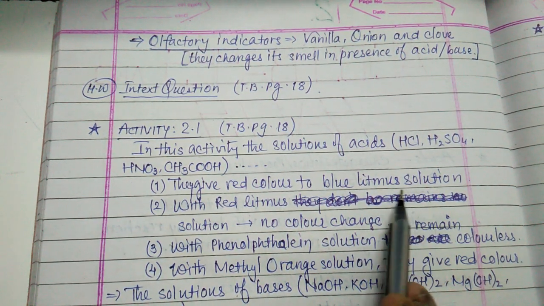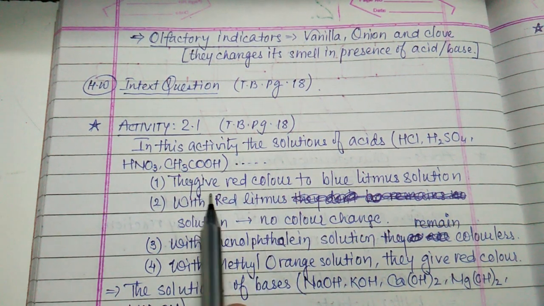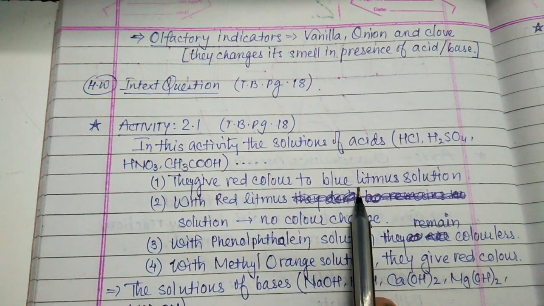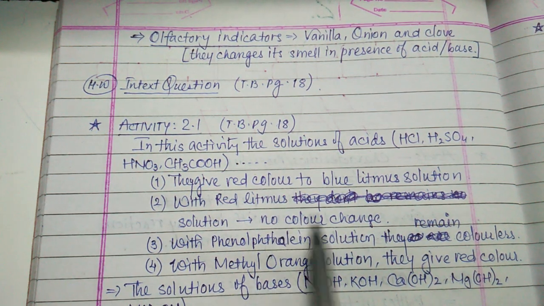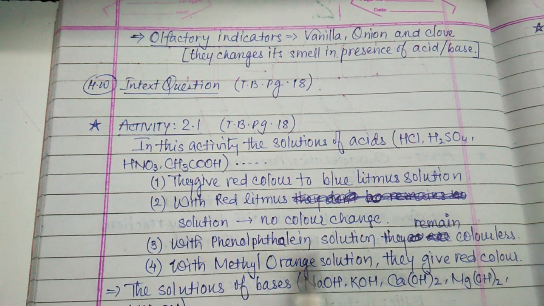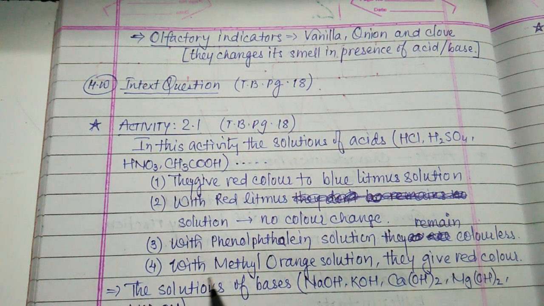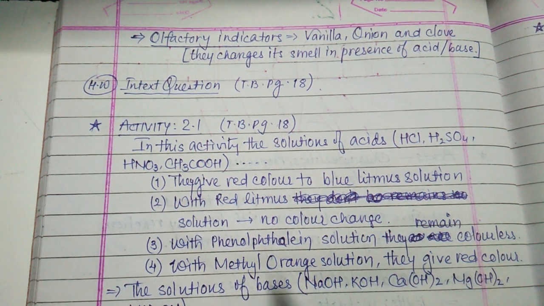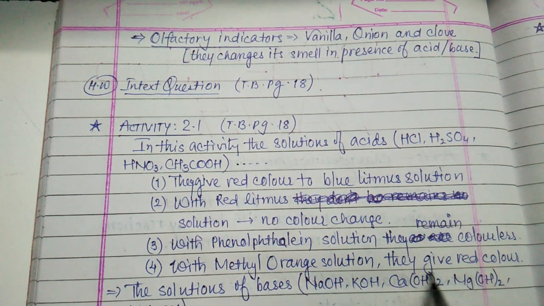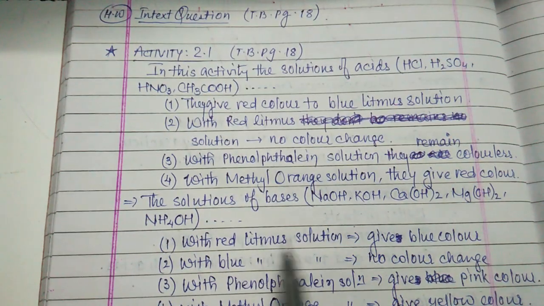If 2 drops are poured into acid, blue litmus solution turns red. With red litmus solution, there will be no change. With phenolphthalein solution, acid is colorless. And with methyl orange solution, they give red color. So acid gives red color in methyl orange.